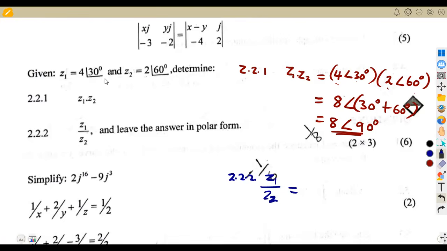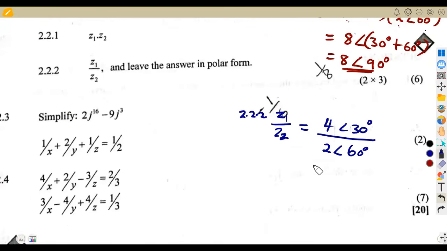This was going to give us Z1, which is 4, angle of 30, over Z2, which is 2, angle of 60. Likewise, the numbers you divide, the angles you subtract. So this will be 4 divided by 2, which is 2. Then the angles, you subtract 30 degrees minus 60 degrees.